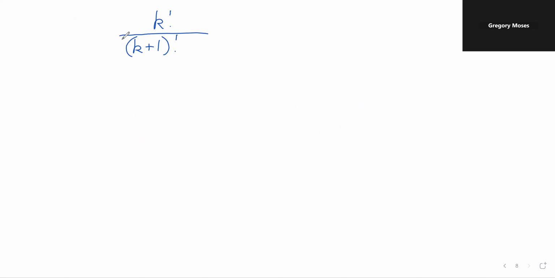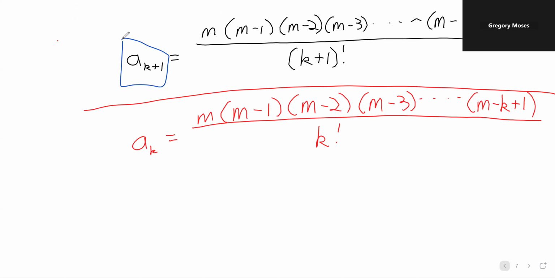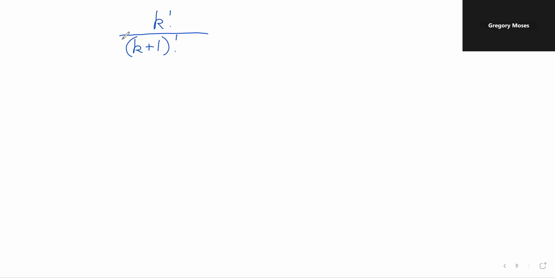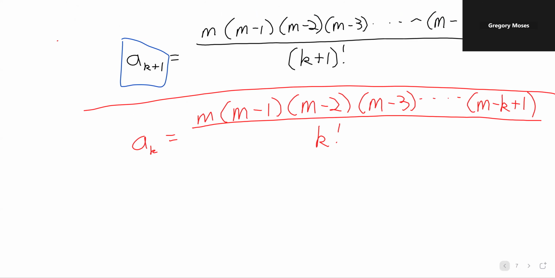k factorial over k plus 1 factorial. That will mostly just cancel out. And then let me see, this thing in the top is going to stay in the top. We're going to have m down to m minus k. Down here, we're going to have that.